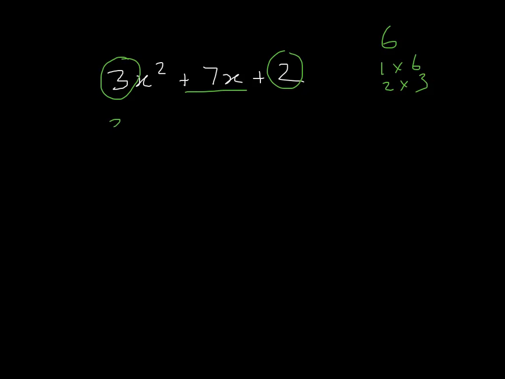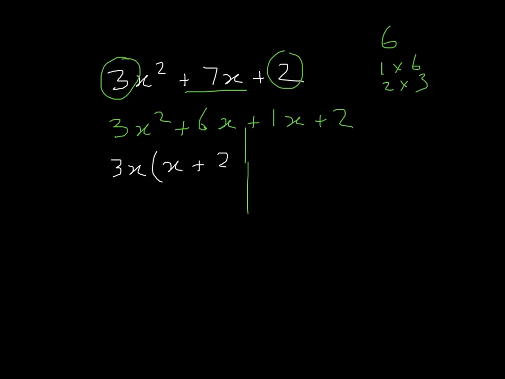So let's do 3x squared plus 6x, 3 and 6, and plus 1x plus 2. Again, I'll factorise that in 2 parts. So I can take a 3 and an x out the front. I'm left with an x plus 2 in the brackets.